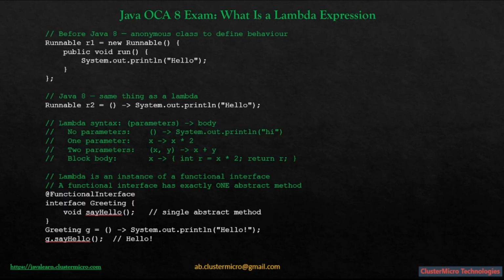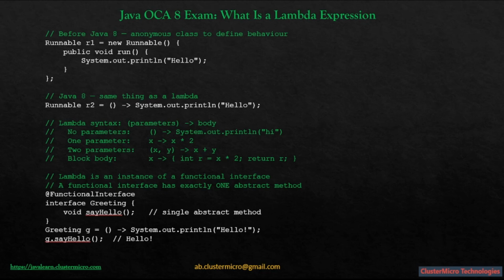This is a block body. The pattern is always the same: parameters on the left of the arrow and body on the right. With no parameters, you must write empty parentheses. With one parameter, parentheses are optional; you can write just x. With two or more parameters, parentheses are required. And if the body needs multiple statements, wrap it in curly braces and write an explicit return statement.